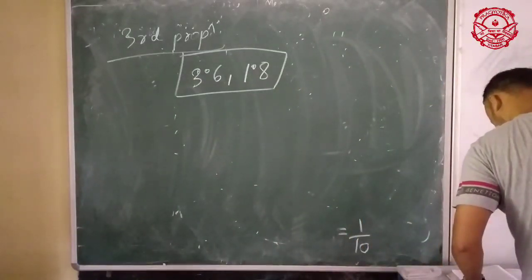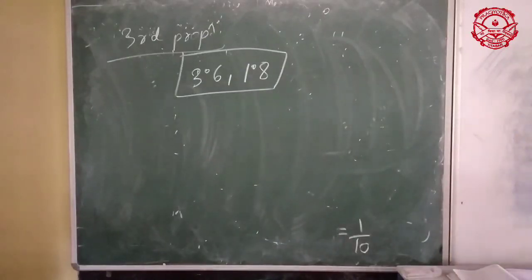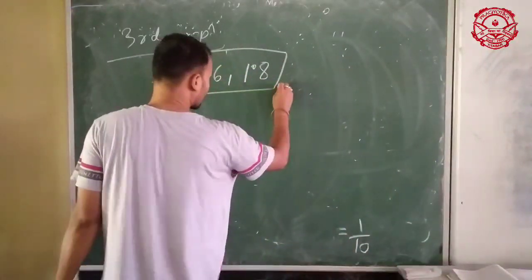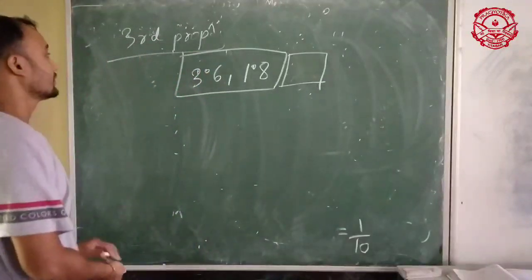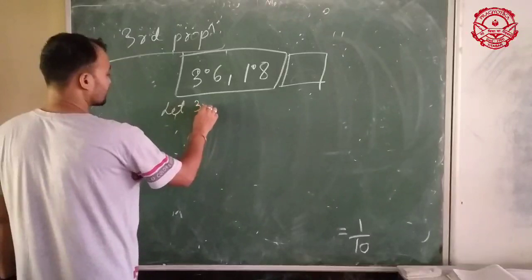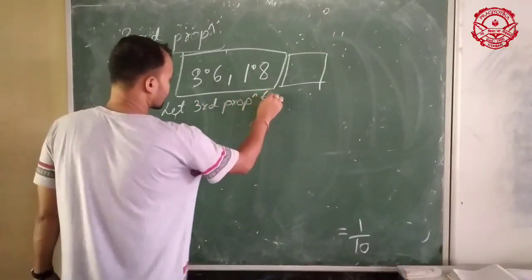Now see, the third proportion we don't know. This is first, second. The third proportion should come here. Let the third proportion be x.